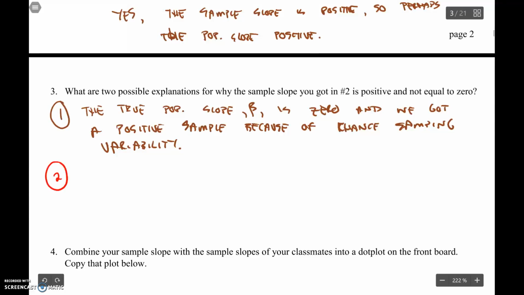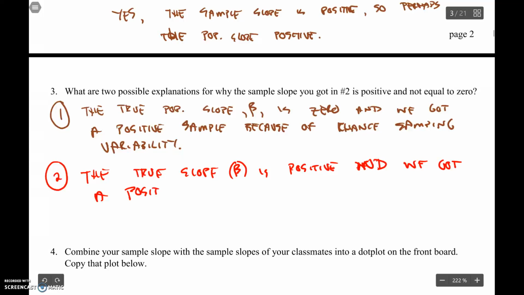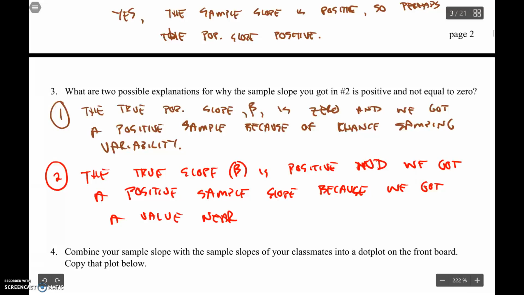Chance variation. Or two, the true slope beta is positive, and we got a positive sample slope because we got a value near beta, which was positive.